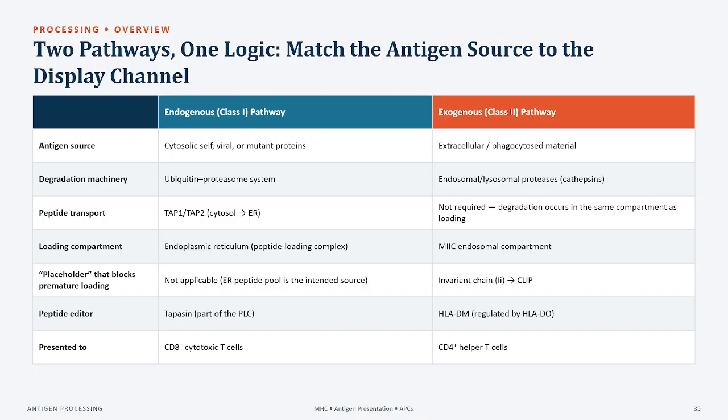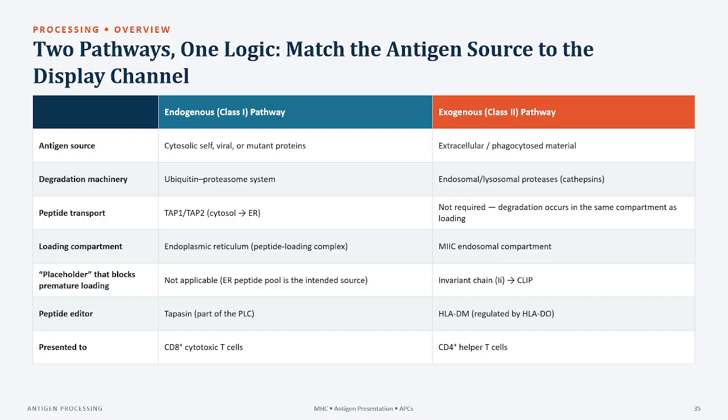If we talk about the endogenous pathway first, the antigen source is cytosolic, self, viral, or mutant proteins. It has a ubiquitin proteasome degradation system, and the peptide transport through TAP1, TAP2 from the cytosol to the endoplasmic reticulum.